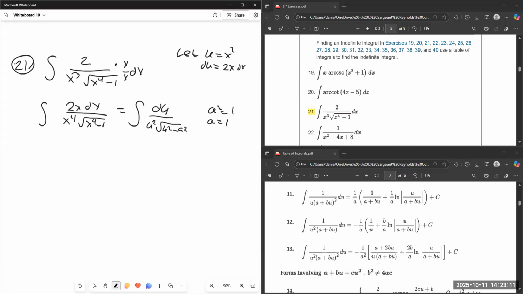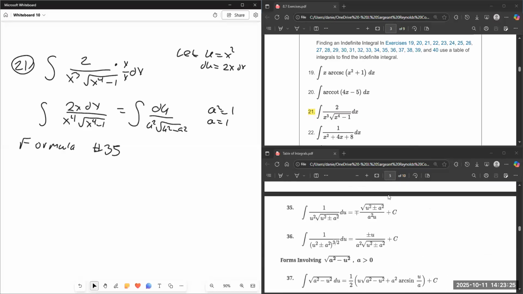And we're going to use formula number 35, which matches this form right here. Formula number 35 says the integral of 1 over u squared root u squared plus or minus a squared du is equal to minus plus. So change the sign from what was there, root u squared plus or minus a squared over a squared u plus c. So let's plug and chug here.